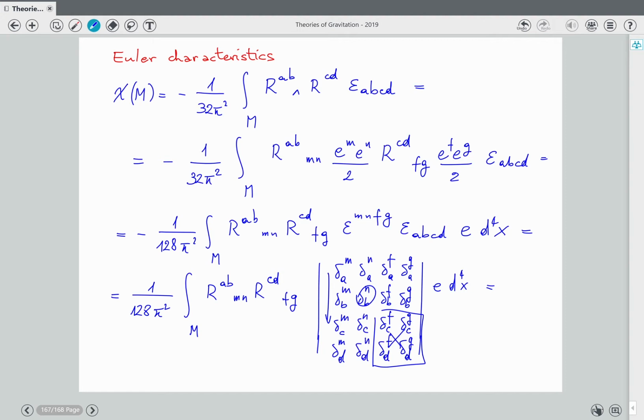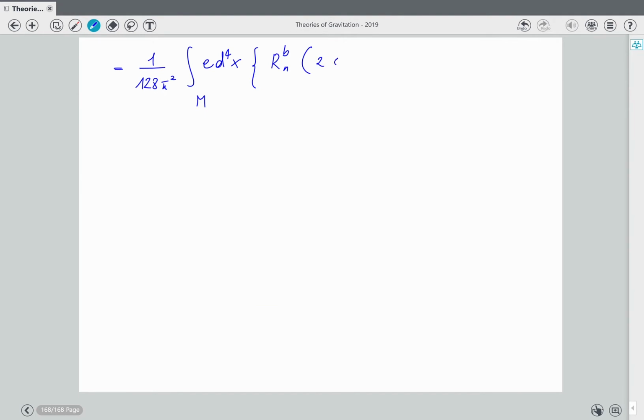CF will give a Ricci tensor. CFGD, you see, will give a Ricci scalar. So delta BN times a Ricci scalar twice.